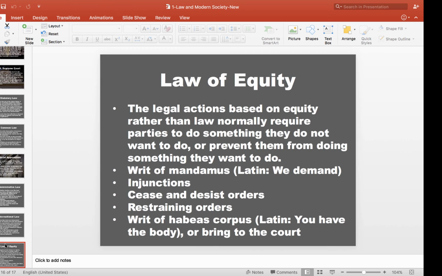You probably heard about restraining orders that movie stars may have against photographers. So these are things to say, okay, we, the court, say to you that you cannot take a photograph within 100 yards of this movie star, even though you want to. Okay? So the law of equity.